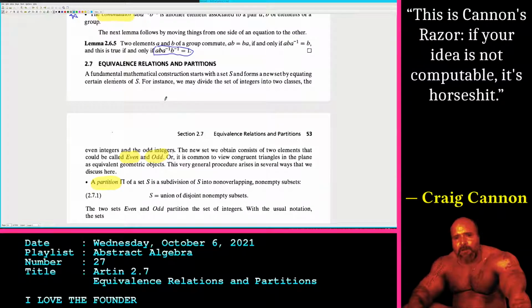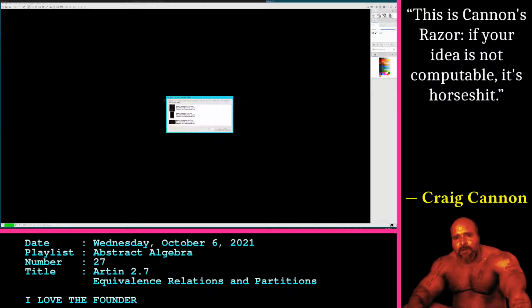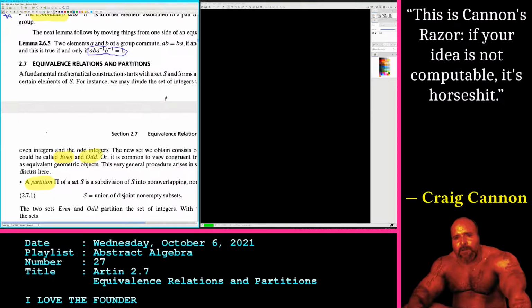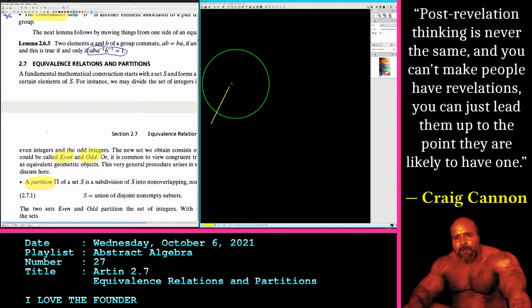A partition. Now I want to note that there's a conflict between math terminology and computer terminology. So if I take, let's say, a pie, and I'm going to partition it in the verbal sense like this.